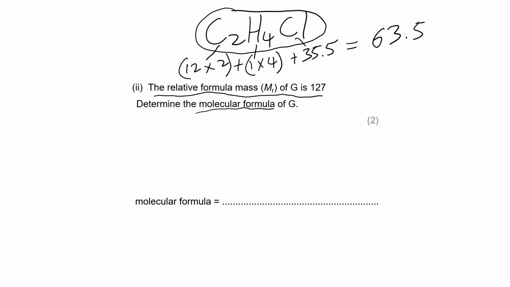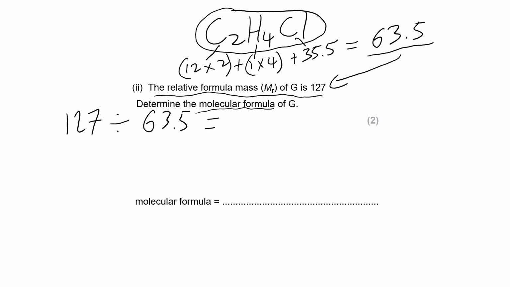So that's the mass of my empirical formula. Now we know effectively the Mr of my empirical formula. I need to work out how many times that fits into the relative formula mass of the actual compound. So we take the Mr you've been given, 127, and divide that by the mass of the empirical formula, 63.5.